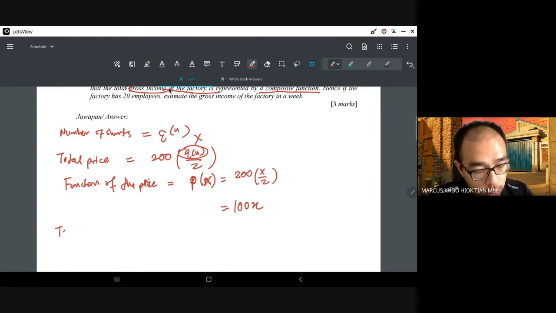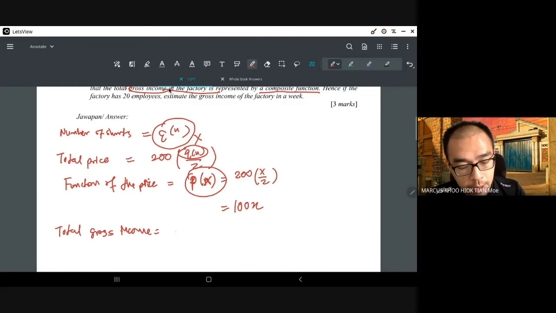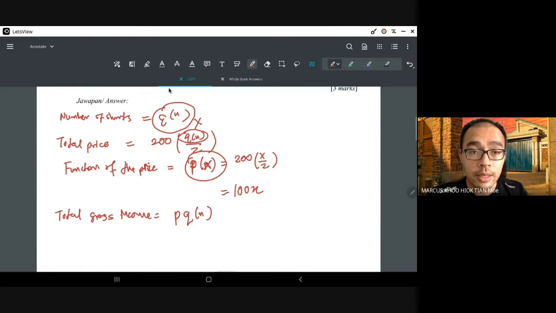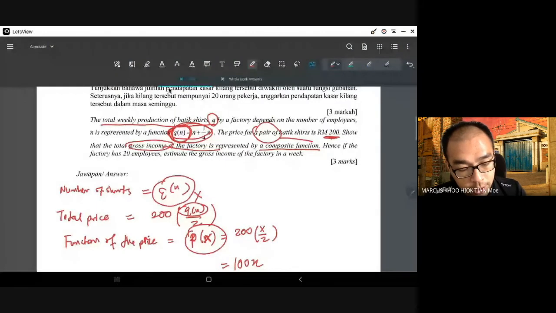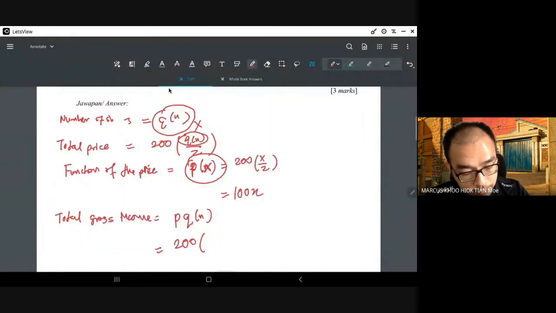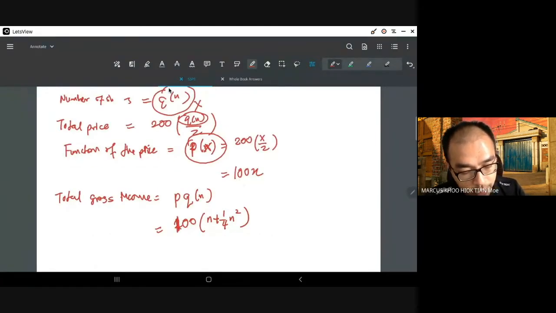So the total gross income is how many baju, darab dengan the function of the price. So it will actually be PQn. And this will be 100 times Qn, which is n plus 1 over 4n squared. Oh, sorry, not 200, 100.